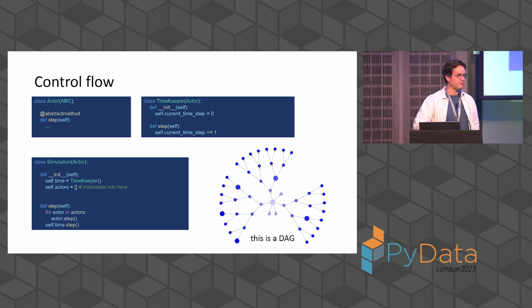You've got a simulation which wraps everything. And what you do is loop through calling the time step method of the simulation object for every time step, and the simulation object cascades through all of the actors within itself, calling that step method. And if the actors have other actors within them, then those step methods are called by those actors too. So everything cascades, and essentially control flow is just a DAG like this.